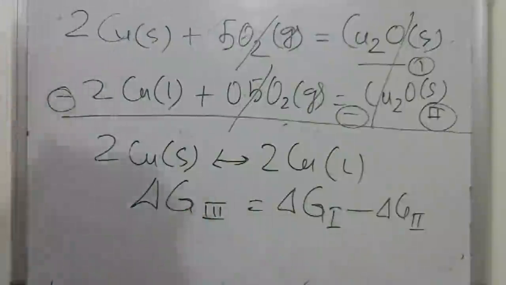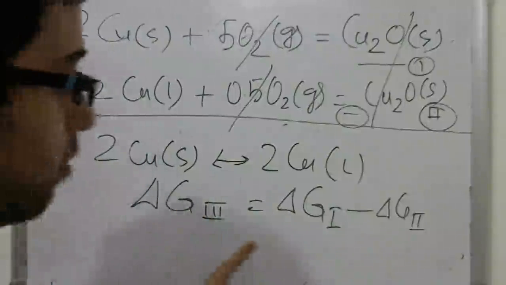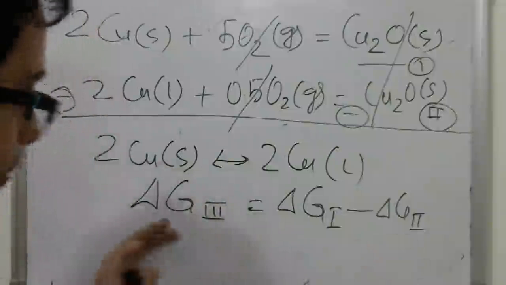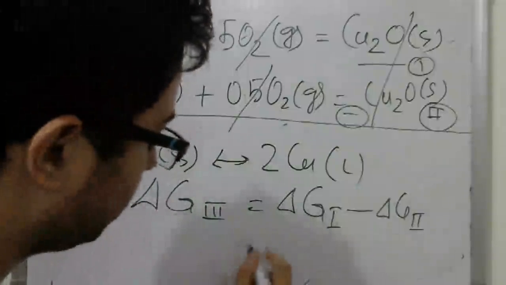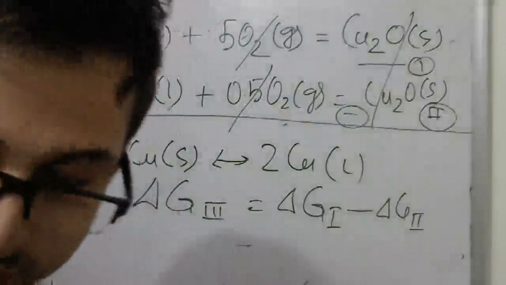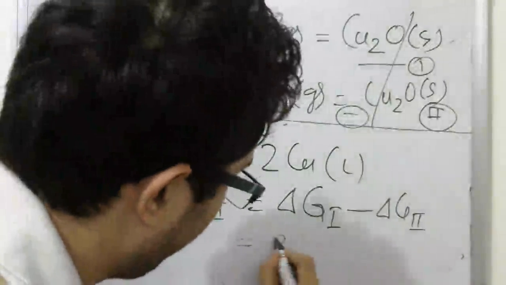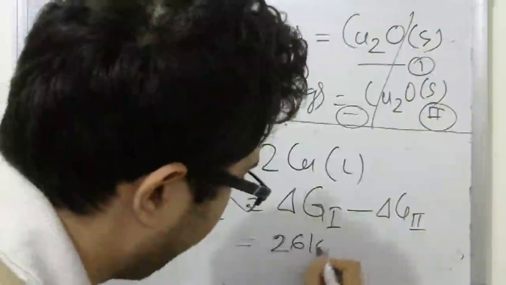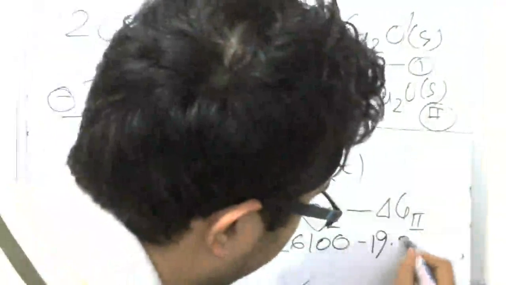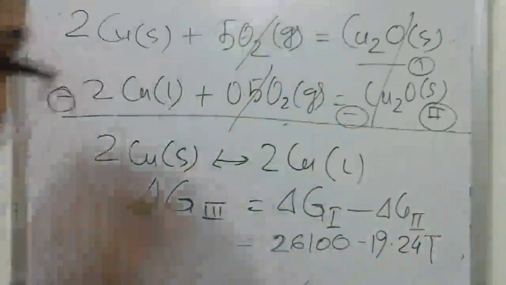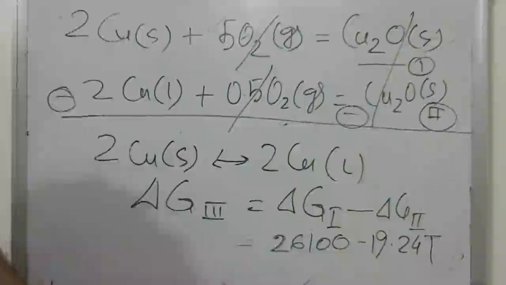Once you do this, you need to calculate the free energy change. The rest of the things are given. If you just find this out, it will be 26100 minus 19.24 T. The temperature has been given as 1300 K, right?